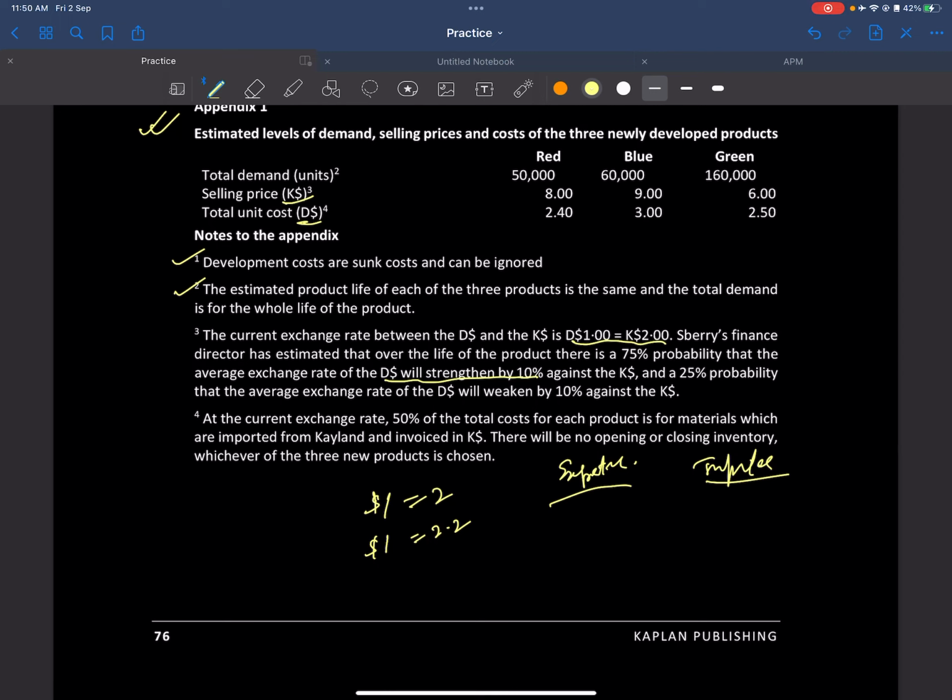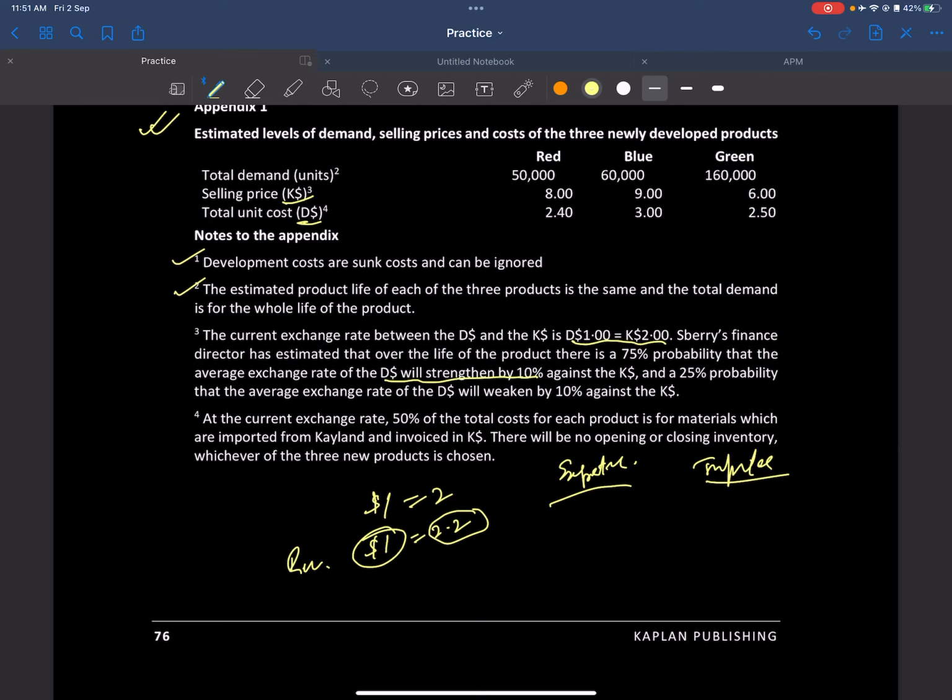If we were to sell it over there at 2, now you would have to sell it at 2.2 to get back $1. This is your revenue. So if your currency is getting stronger, it's bad for us.